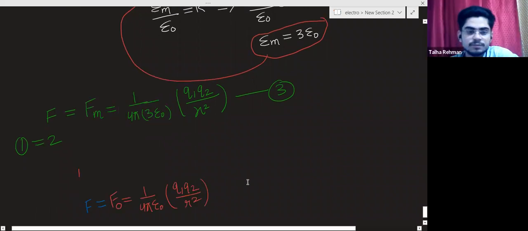This is equation 1, and I am equating it with this equation. Since F is the same, I can equate this to this.